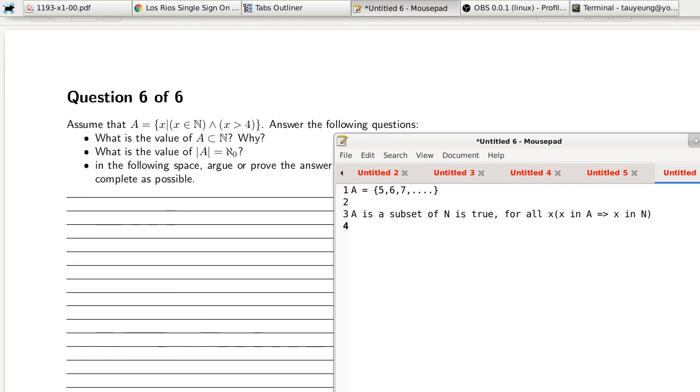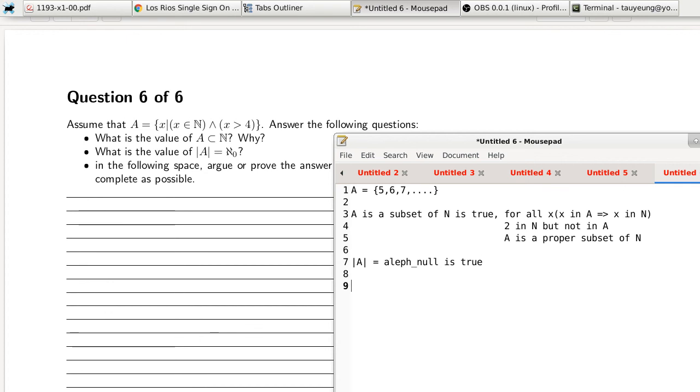In this case we can say 2. 2 is in N but not in A, so that's why A is a proper subset of N. Then the next question is, the cardinality of A equals aleph null, which is true. Then we have to explain that.